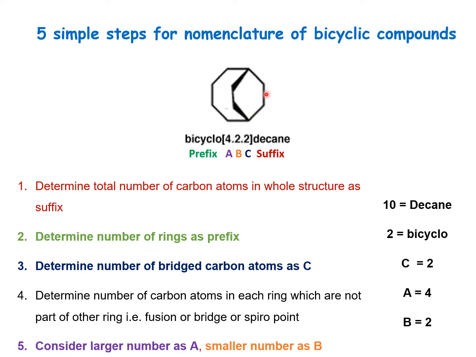Whereas on the other side we have only 1 and 2 carbon atoms which are not part of the fusion or the bridge. Because it is common, it is not considered. So there are only 2. So B becomes 2. In case of fused and bridged systems, it is always the higher number written first. So the higher number becomes A. Lower number becomes B. Let's see a few more examples.